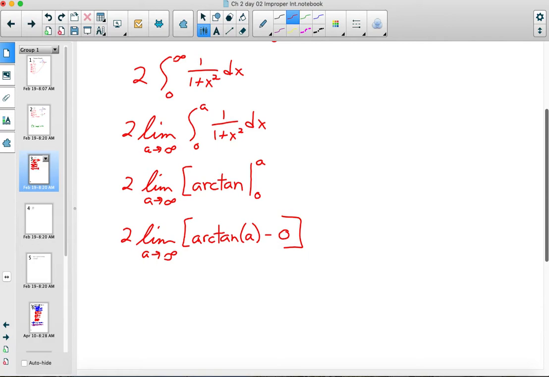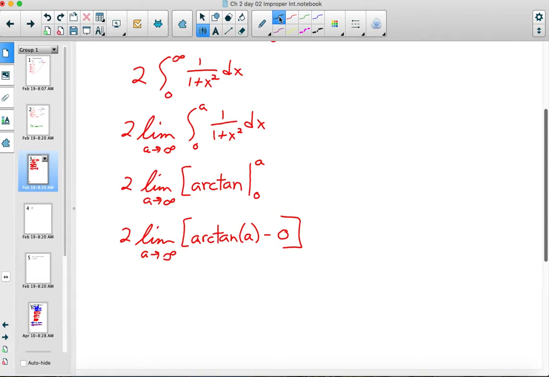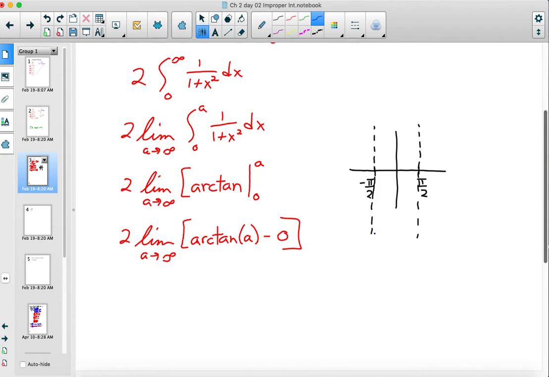Alright. Now, we're looking at the limit as a goes to infinity of arctan of a. So you might not remember this too well. So let's look at the tangent. Remember, the tangent graph has asymptotes, and 2 of them are at negative pi over 2 and pi over 2. And so the tangent graph looks like this.